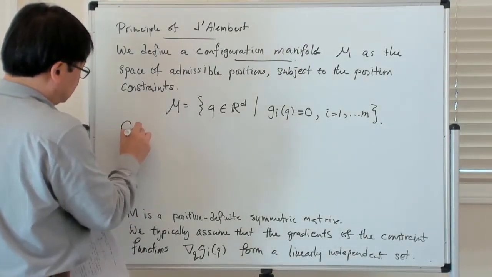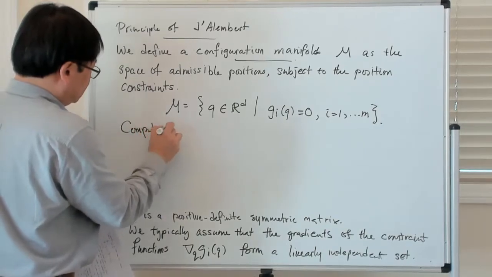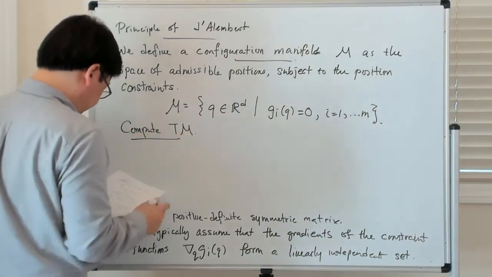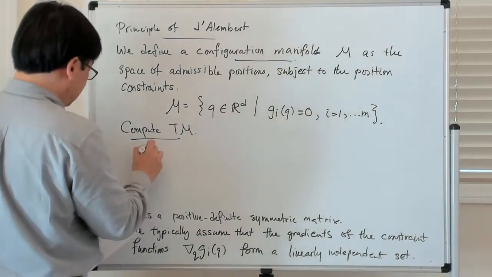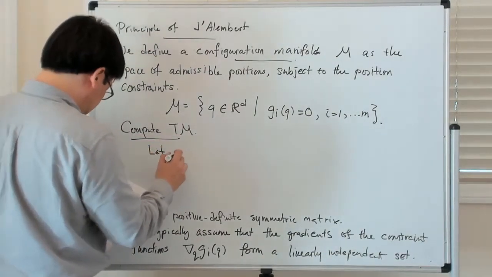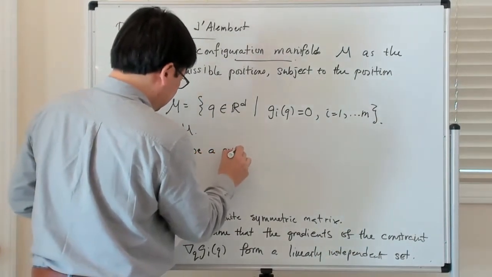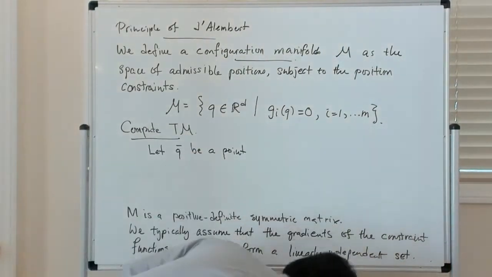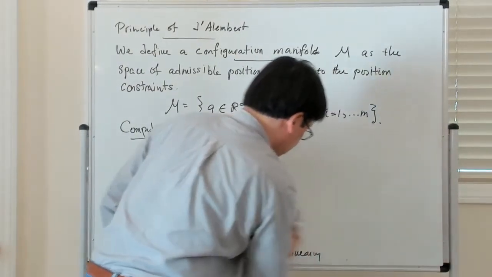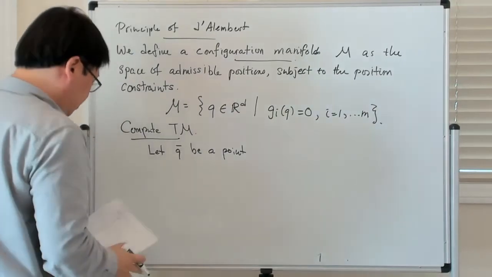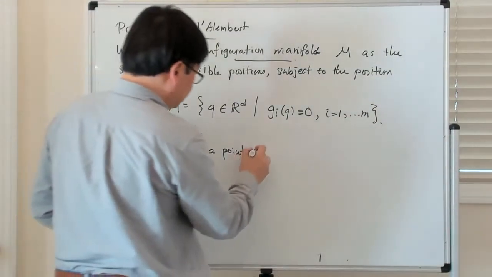So let's compute TM. Let Q bar be a point on the configuration manifold.